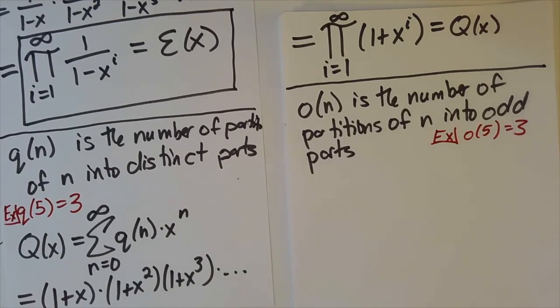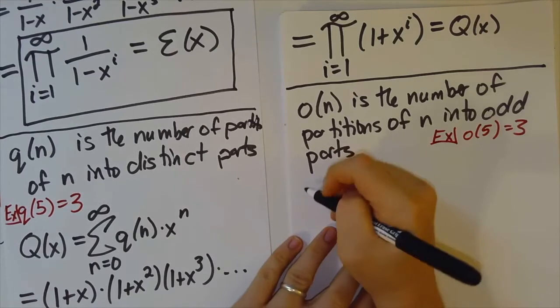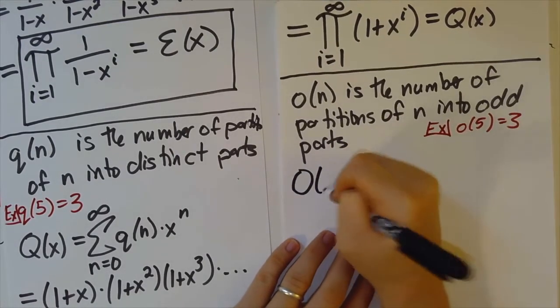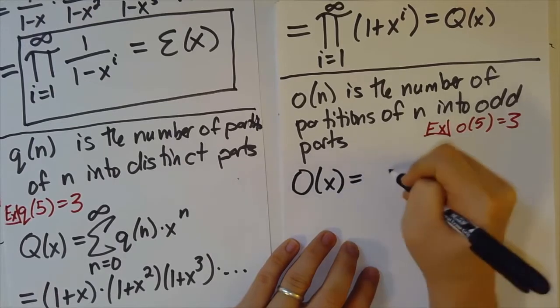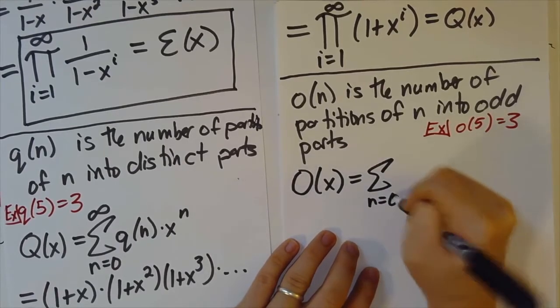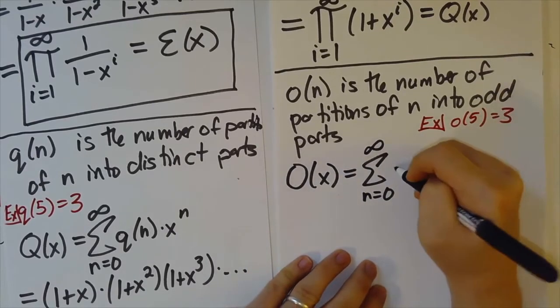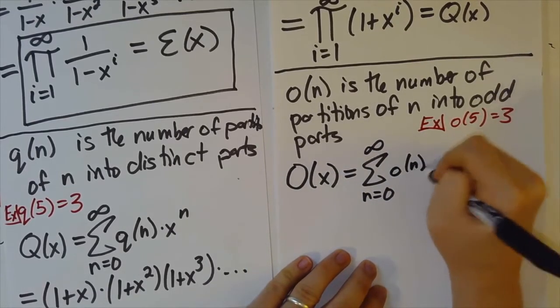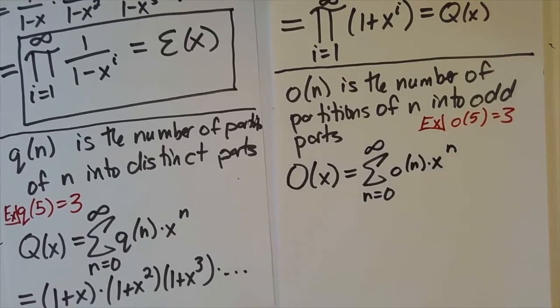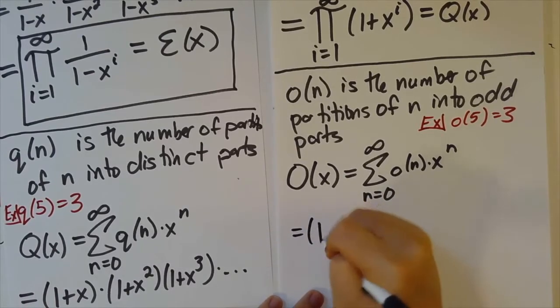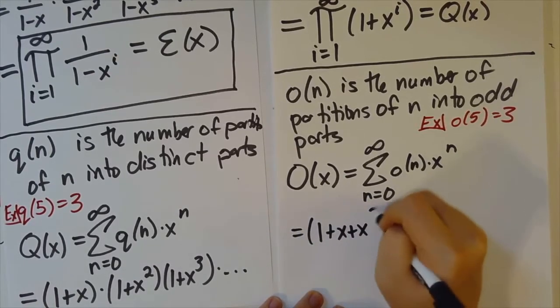And so I want to now write down the generating function for this. So O of x, that's the sum as n goes from 0 to infinity of O of n times x to the n. And so this is going to be, well, I can use ones, so I can use any number of ones.